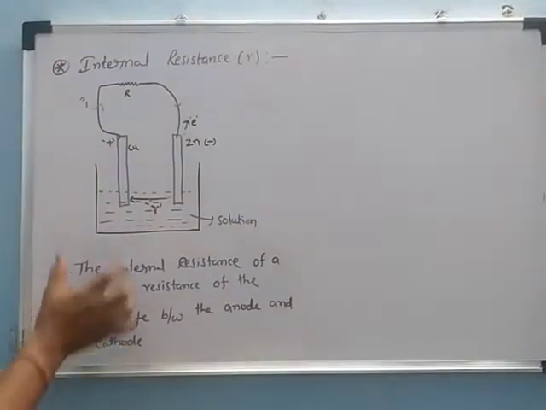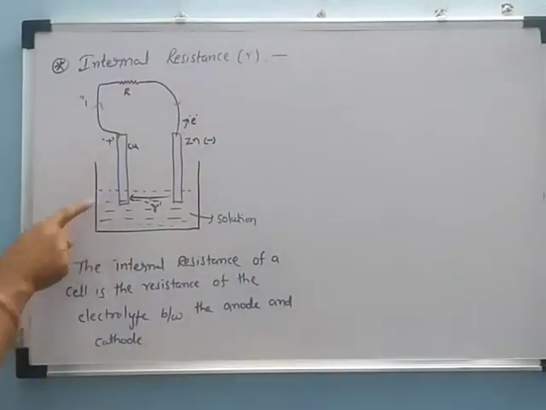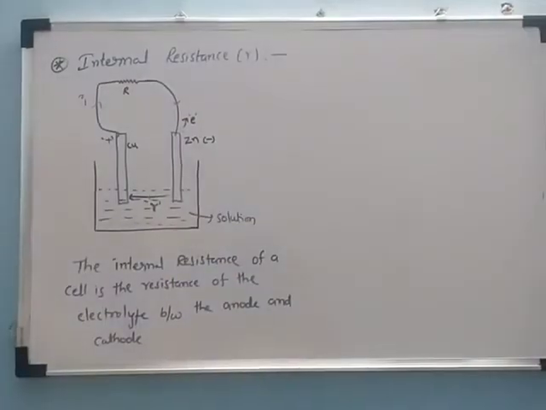See, this is called the internal resistance. Anode is nothing but the positive terminal, and cathode is nothing but the negative terminal.